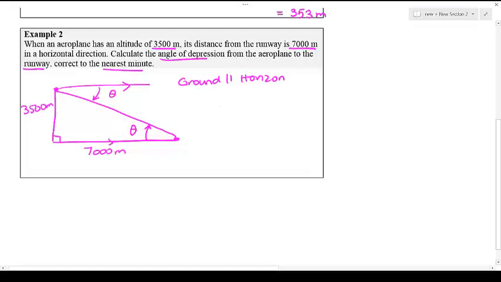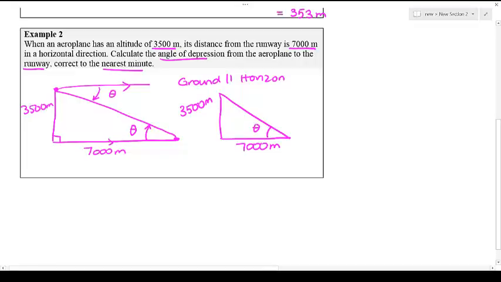Now I want to draw the diagram out with just our relevant information. We want to solve for this angle theta. It's the same as our angle of depression. We've got 7,000 meters as the horizontal line and 3,500 meters as our altitude.